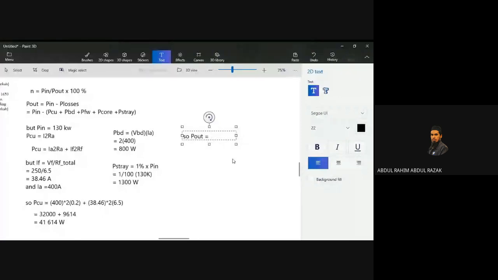P in 130 kilowatt minus all the amounts there. 800 for P brush drop. Friction and windage 150.